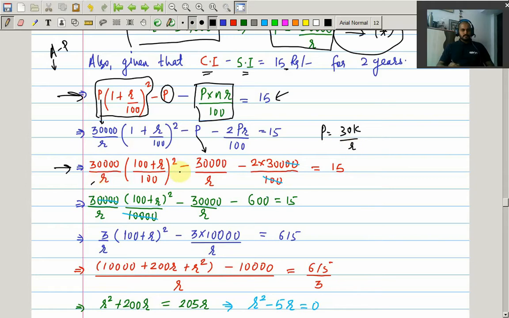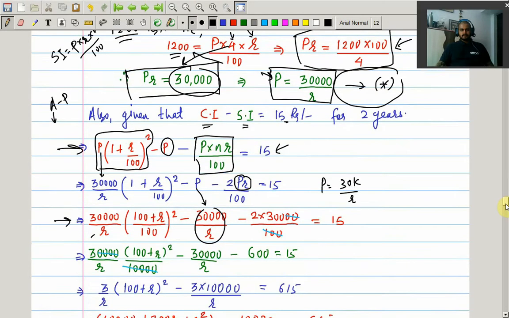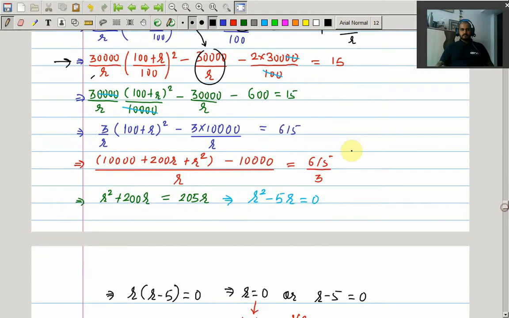So here is P, this one is P, and 2PR. What is PR? Go back: PR is 30,000. So I've replaced PR by 30,000, and 2 upon 100 is equal to 15.